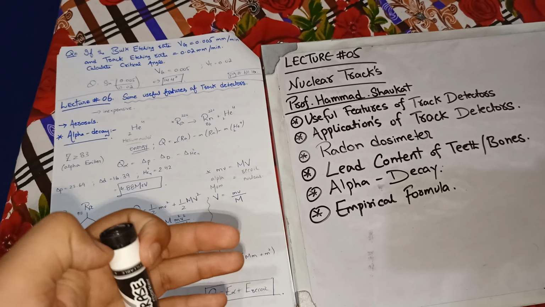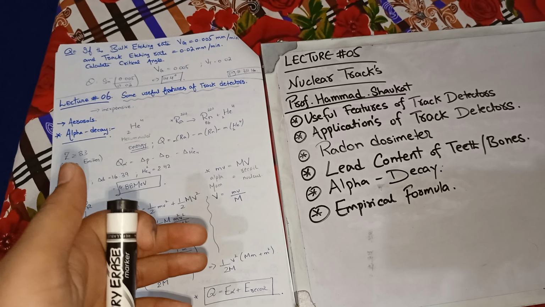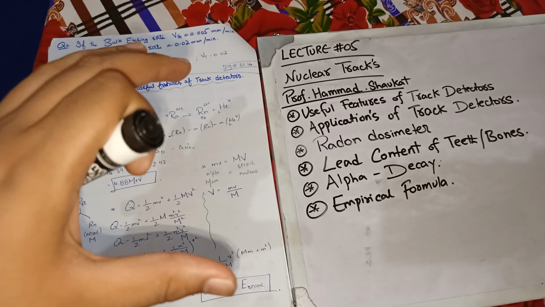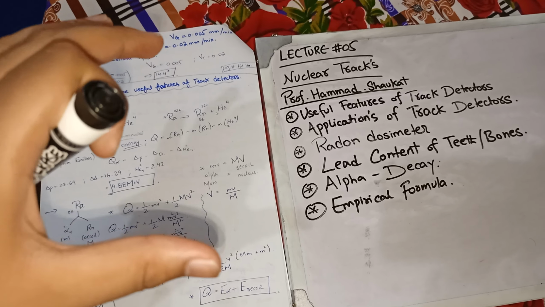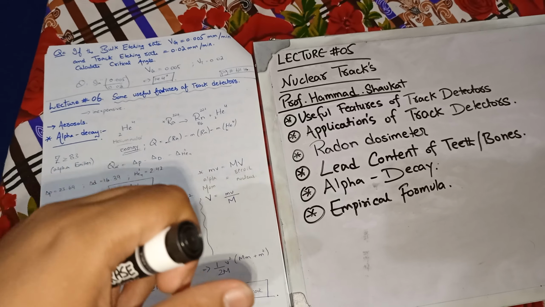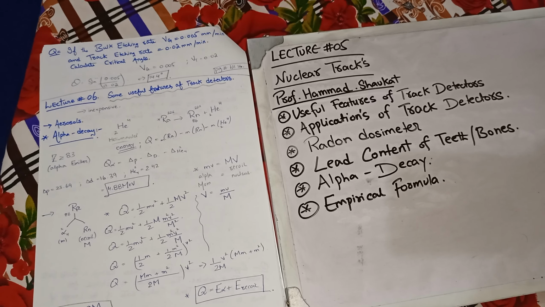R is a function of charge, mass and velocity of the particle, while Vt is related to the stopping power, the rate of loss of energy, dE/dx. So these are the applications of nuclear tracks.